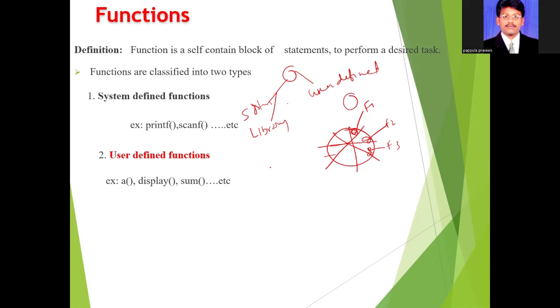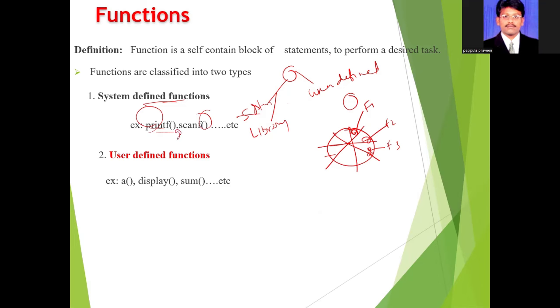Actually, mathematical functions also we know, like the absolute function, square root function, and power function. These are all system defined functions. Just here I mentioned two functions: printf is the output function, scanf is the input function.